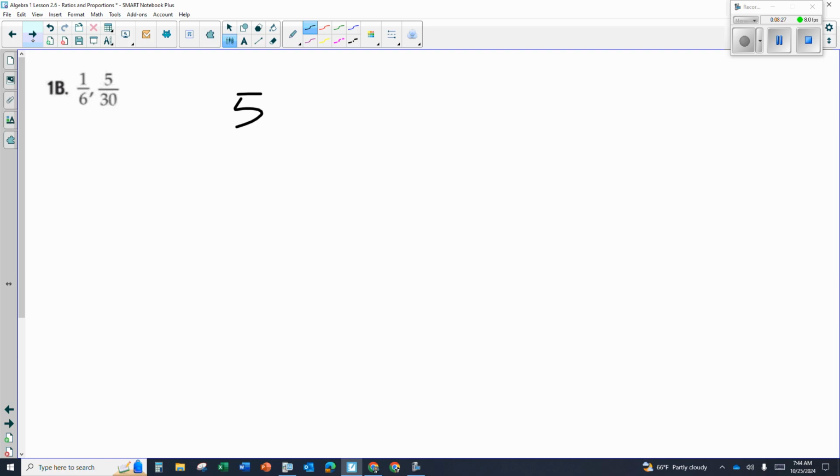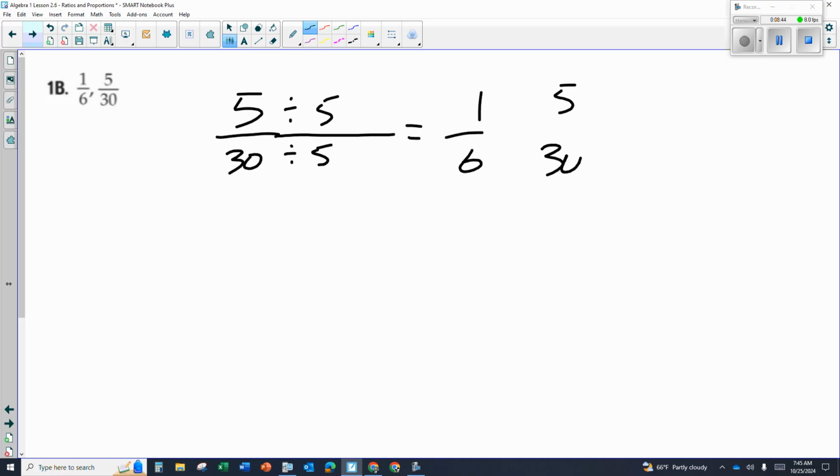So 5 over 30. If we divide both by 5, that's going to give us 1 over 6. That is equivalent to 1 over 6. And 5 is already prime, so I don't have to write that. But 30, prime factorization. Another way to do prime factorization, if you're not sure, is to do a factor tree.